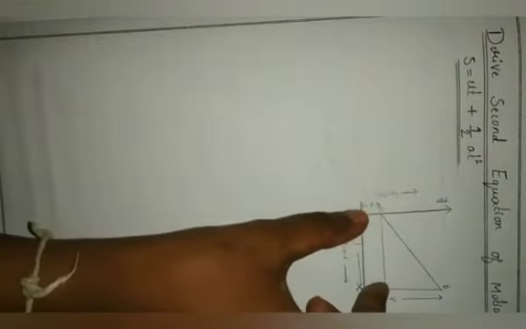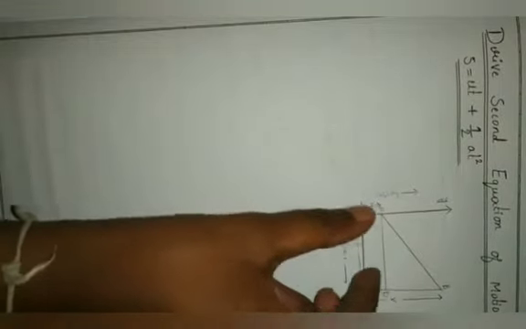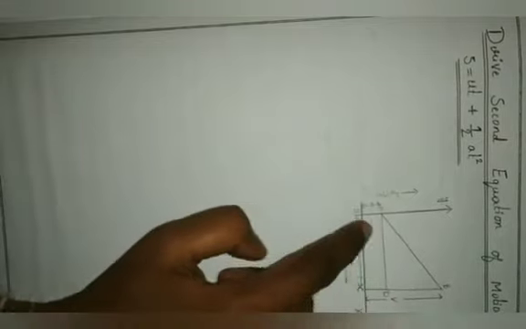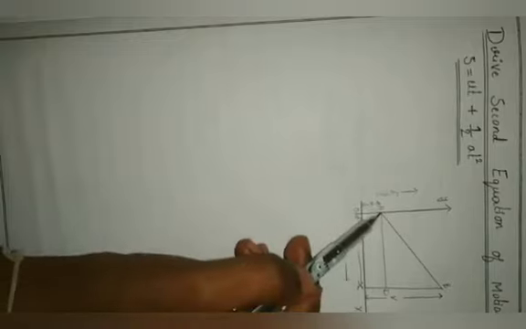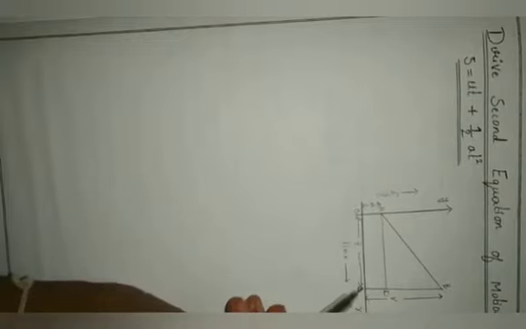Here we can find the area by dividing this graph into a triangle and a rectangle. We can find the area separately: the area of triangle ABD plus the area of rectangle ADCO.